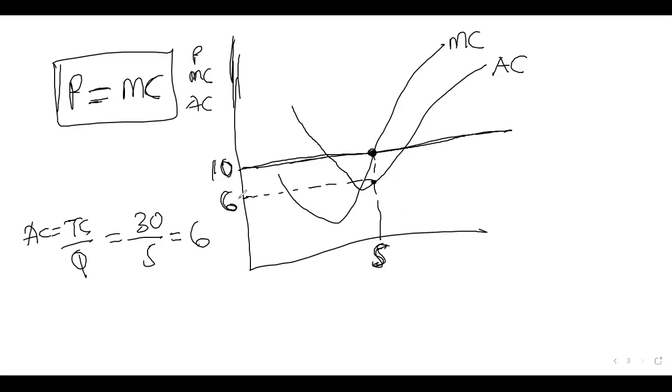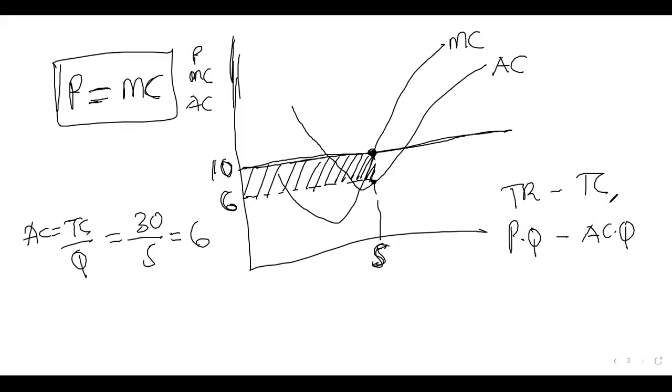Now, economists tell us that the profit is this region. The profit is this region, all right? Let's note that profit is total revenue minus total cost. That is price times quantity minus average cost times quantity, because total cost is average cost times quantity.